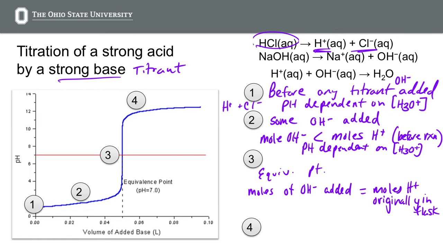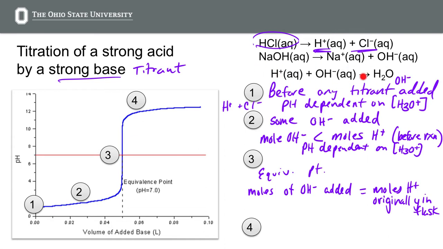So if we start out with 0.1 moles of H plus in the flask, at the equivalence point we've added 0.1 moles of OH minus. Completely react, we're left with 0 moles of H plus and 0 moles of OH minus, according to this reaction.